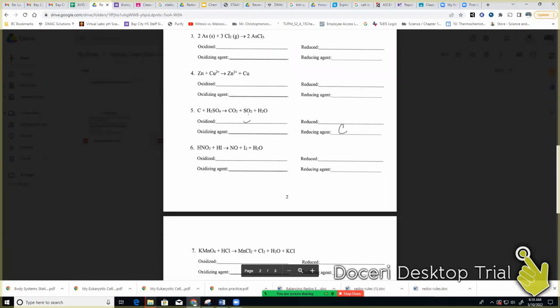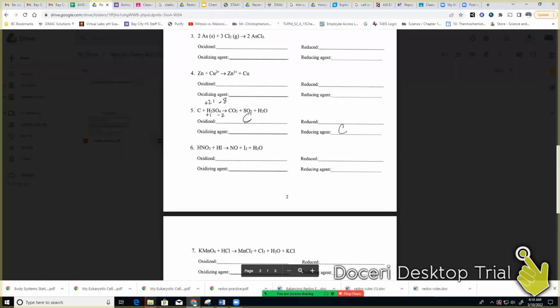Now I have to go through the whole process again and try to figure out my other one. Once again, hydrogen, sulfur, oxygen, it's probably going to be the sulfur. My hydrogens and oxygens are usually pretty typical, a +1 for the hydrogen and -2 for the oxygen. So hydrogen's a +1, but I have 2 of them, so I have a total of +2. Oxygen's a -2. I have 4, so that gives me -8.